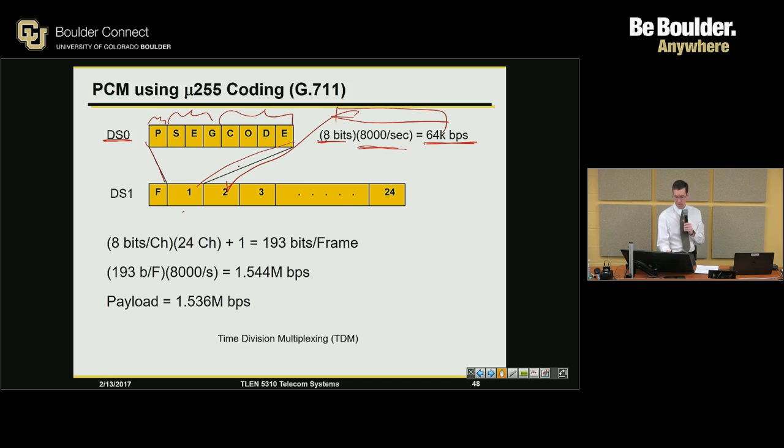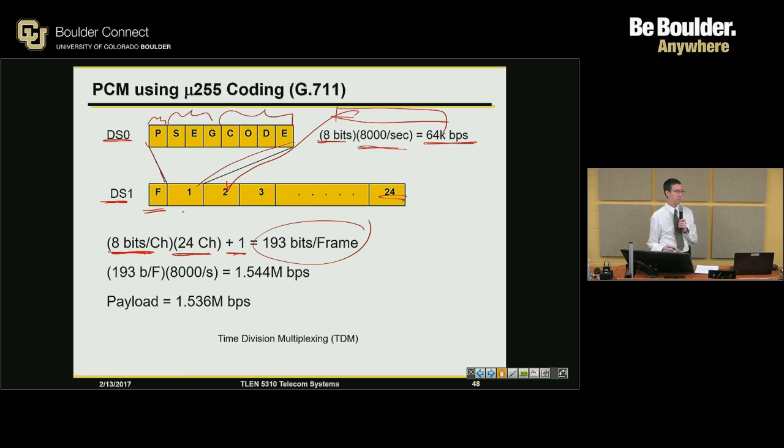In the telephone network, if I've got what's called a DS1, that's a large frame that has 24 of these all right after each other with a framing bit in front. If I add all that up, I've got 8 bits per channel and 24 channels. I multiply that together and add 1 for the framing, and it gives me 193 bits per frame.